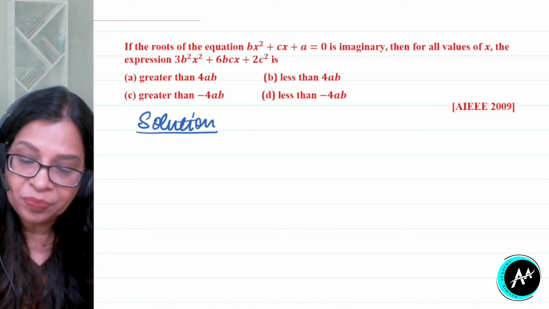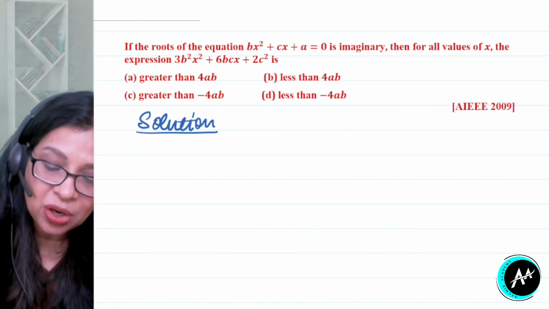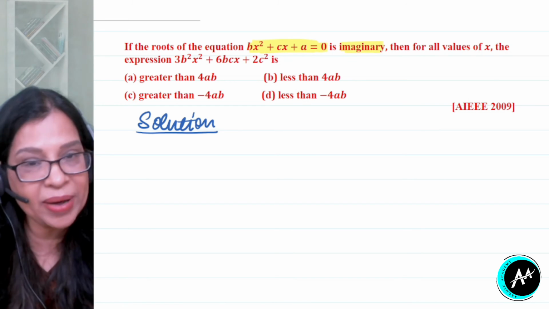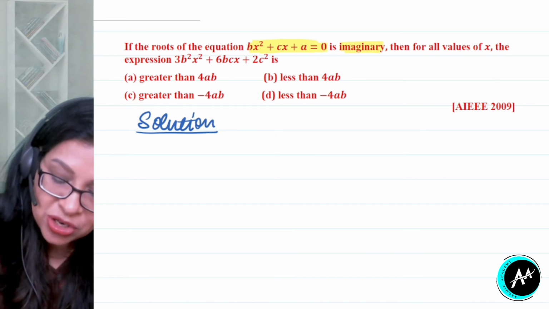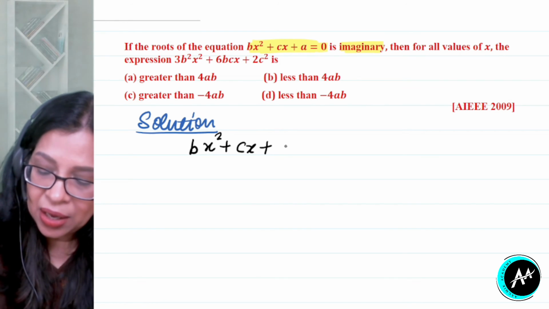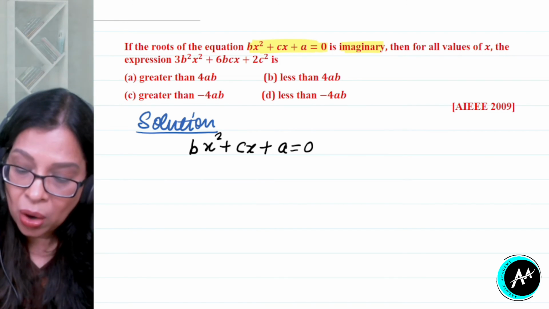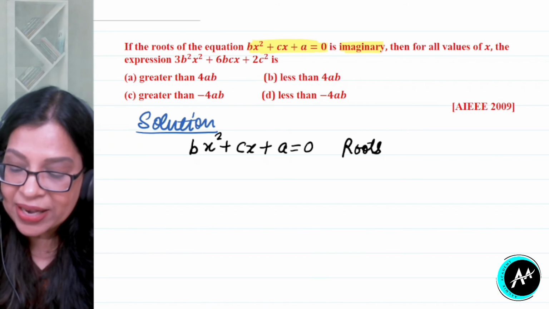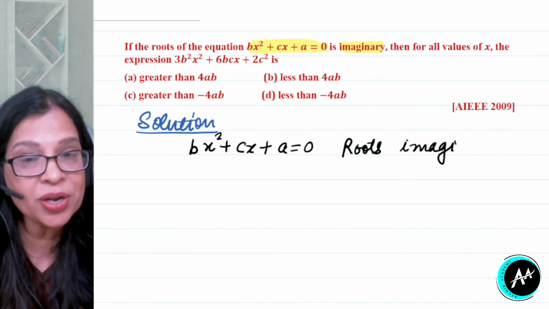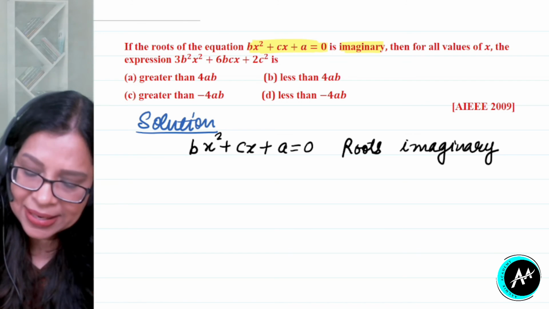Now let us see. First of all, let us take the first equation, this one, and use that roots are imaginary. Alright. So the equation is bx square plus cx plus a equal to 0. Now since we have roots imaginary, you know that when does a quadratic equation have imaginary roots? When discriminant is less than 0.